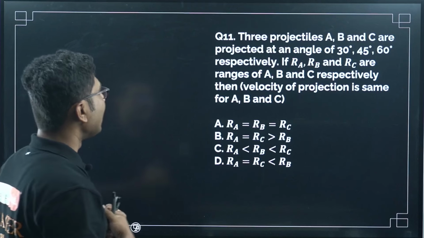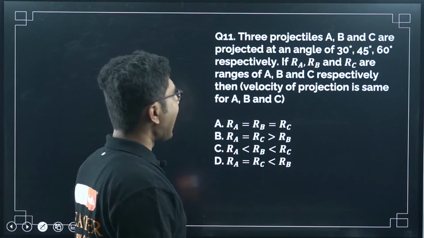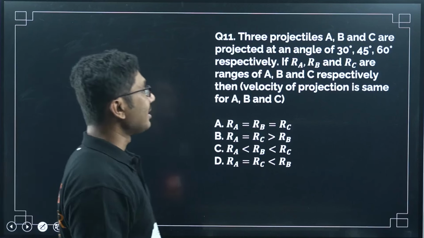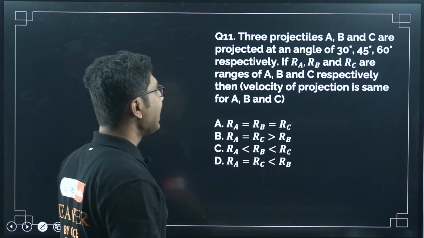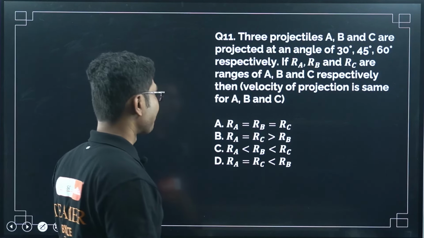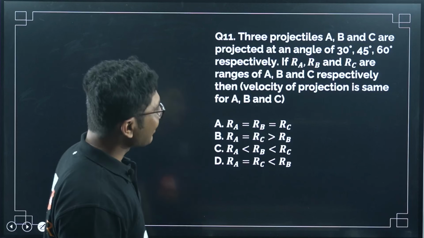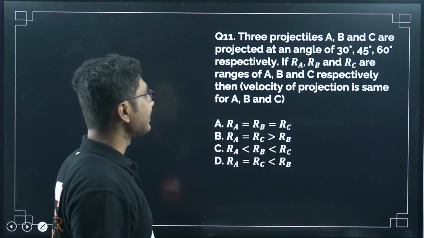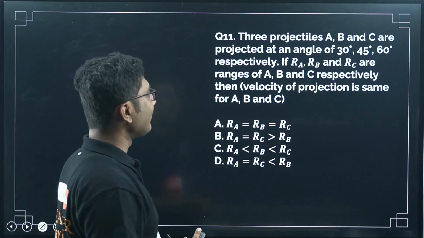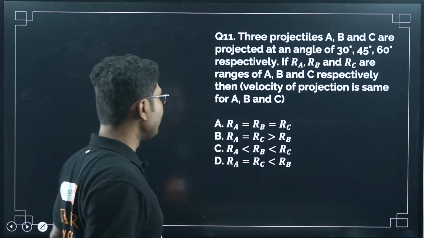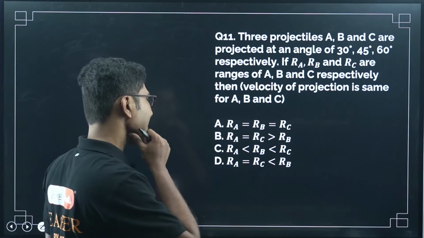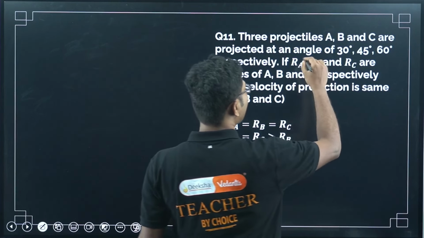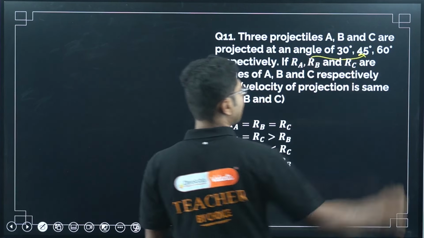Question number 11. Three projectiles A, B and C are projected at an angle of 30 degrees, 45 degrees, 60 degrees respectively. If RA, RB and RC are ranges of A, B and C respectively, and the velocity of projection is the same, then which of the following is correct? Now, first thing you have to remember is that the angle of projection for B is 45 degrees.